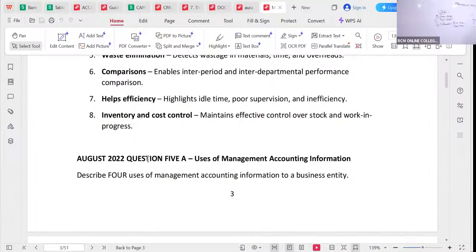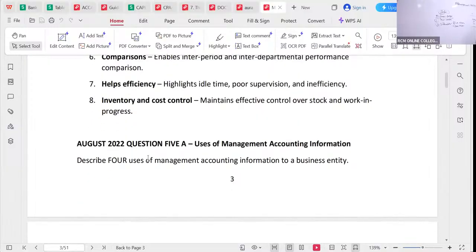So August 2022, question number 5A, uses of management accounting information. Without reading, are you able to give me these uses? Planning, controlling, and I will also give you another way of remembering this. POC, yes.